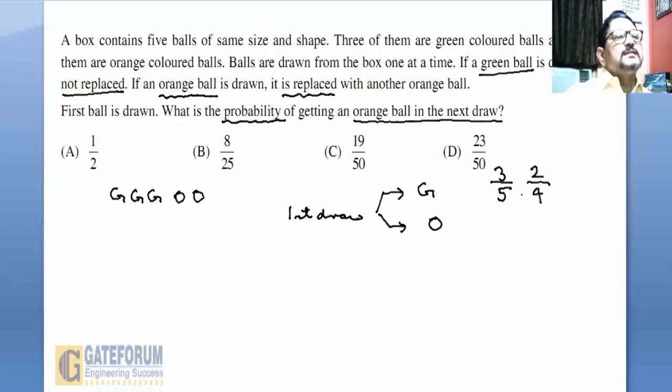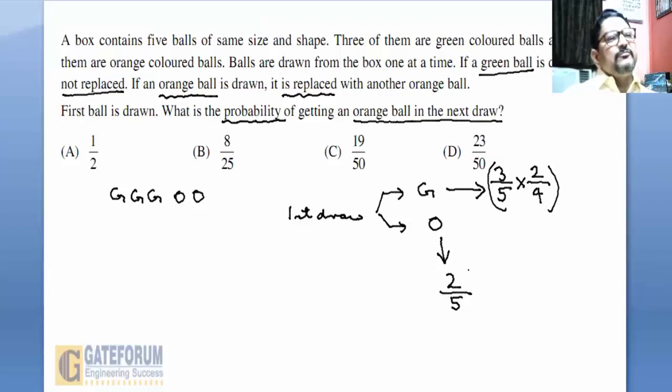Now these are simultaneous activities, so there will be a multiplication. So the first draw, if it is green, this will be the case. Now what if the first draw is orange? Now if the first draw is orange, the probability of picking up an orange is 2 by 5 because out of 5 balls, I am picking up 2 balls.